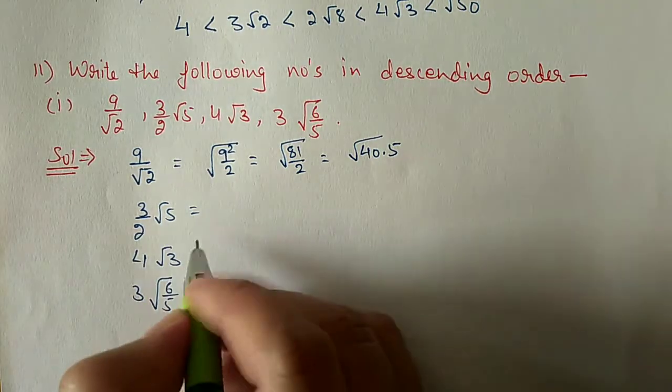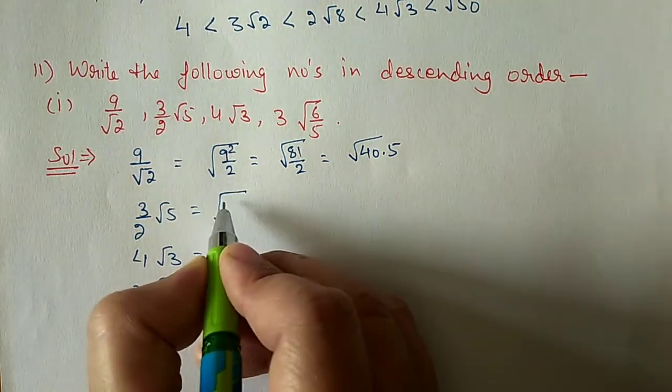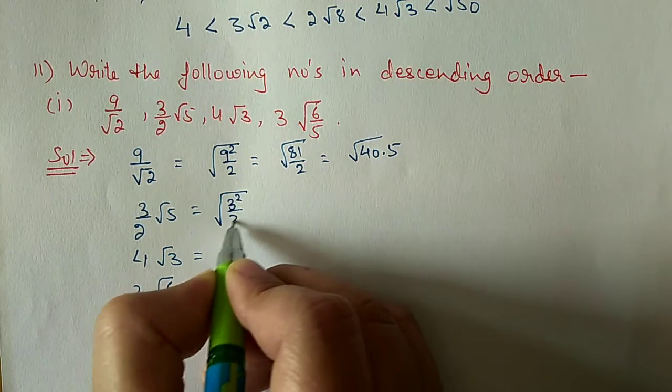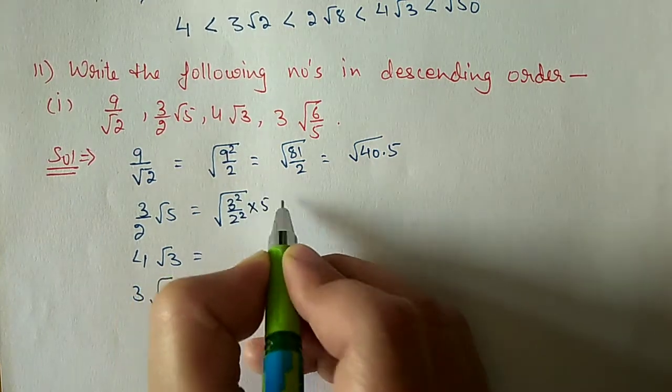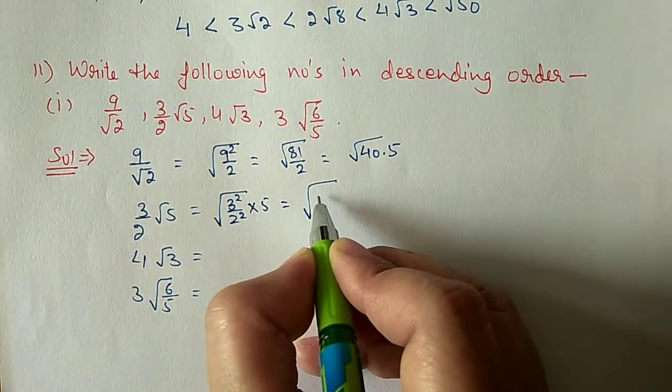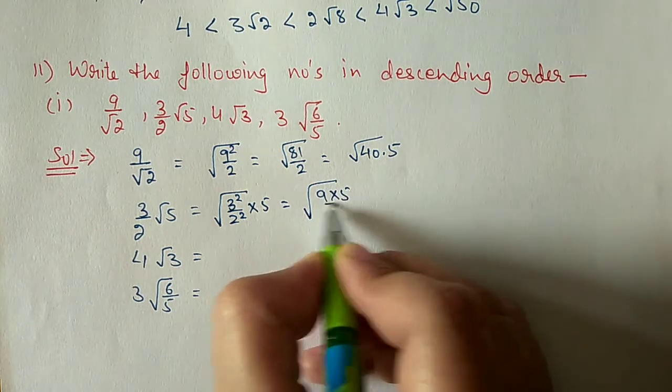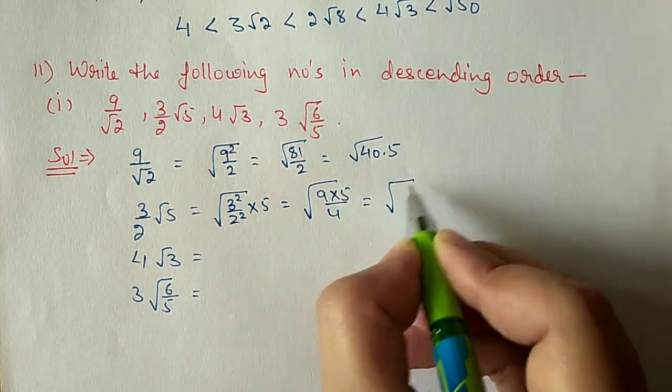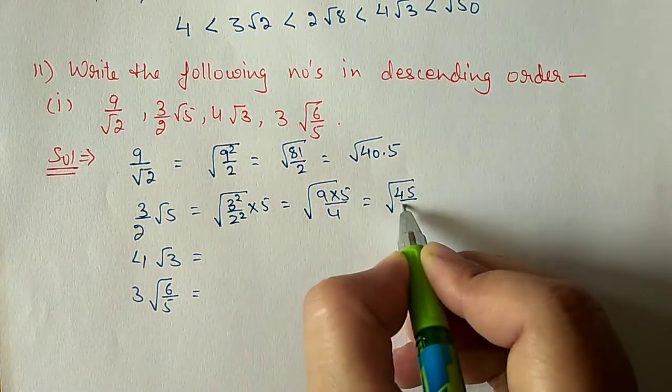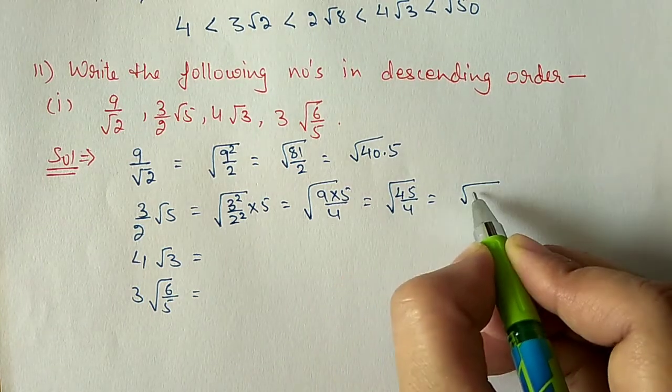Next number, 3 by 2, when you take it inside the root symbol, it will become 3 square by 2 square into 5. So 3 square is equal to 9 into 5 by 4. So 9 into 5, 45 by 4.